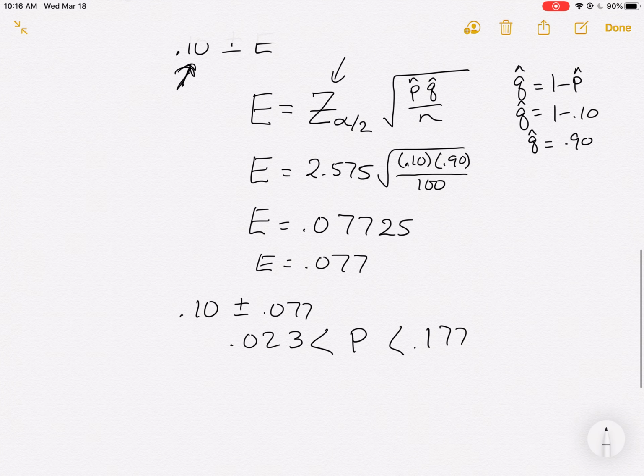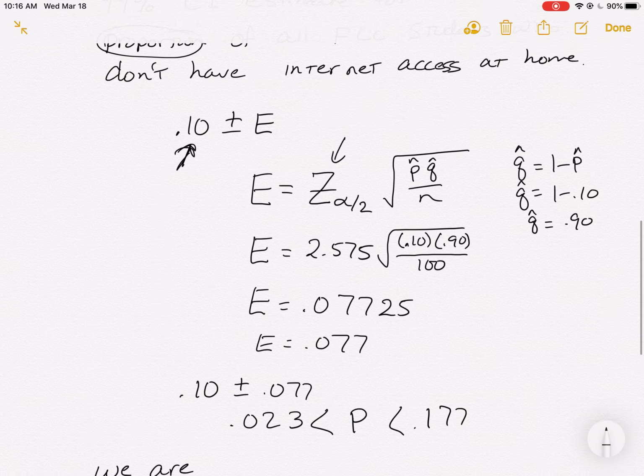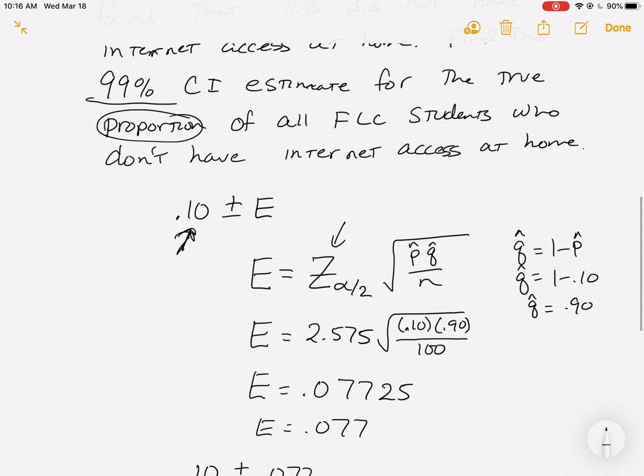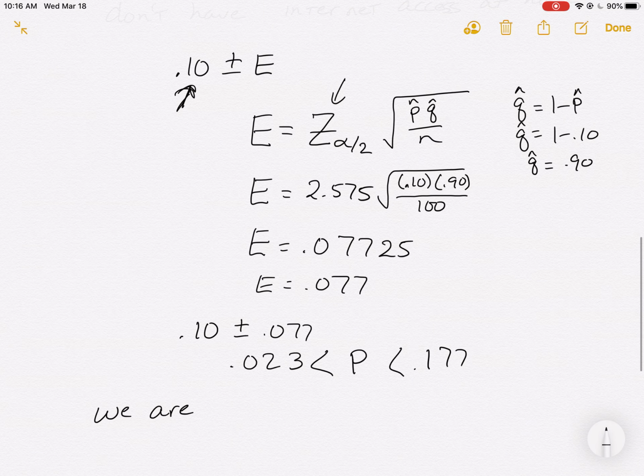So, how do we write this as a sentence? We are, and remember what our confidence level was. It was 99%, right? I'm using that 99% to come up with that 2.575, so it is playing a role.